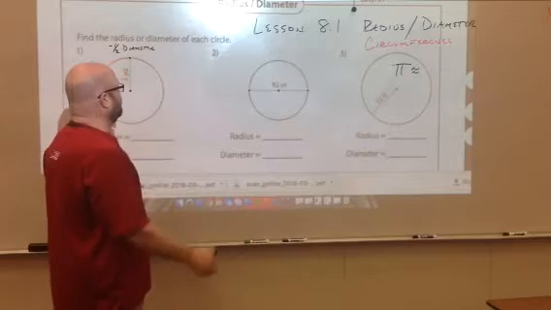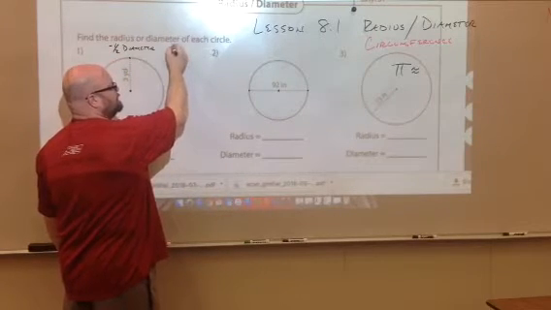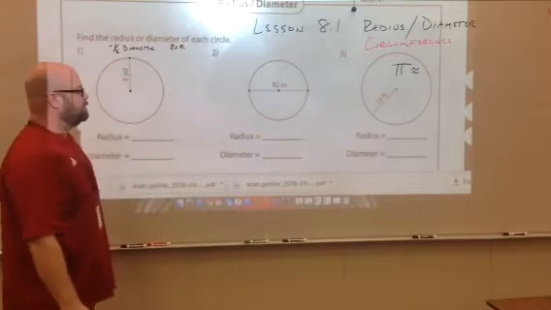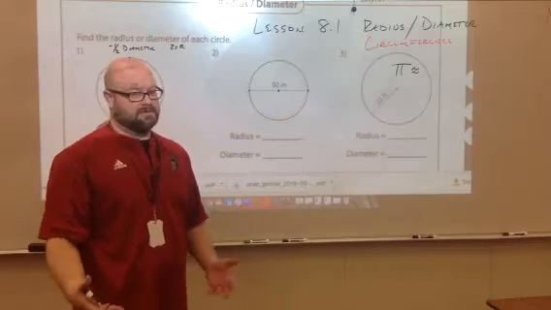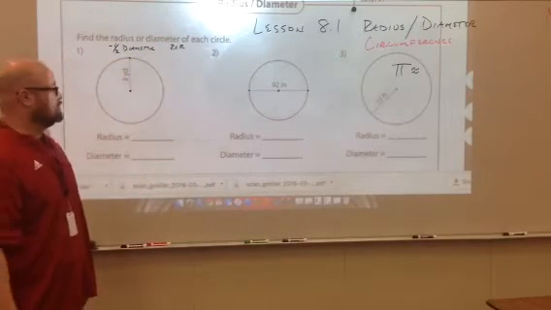To find my diameter, if I'm given my radius, it's 2 times my radius. There's just a little background knowledge as we get into finding these two numbers.